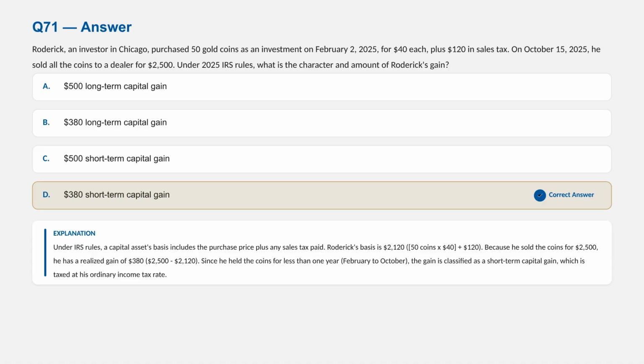Because he sold the coins for $2,500, he has a realized gain of $380: $2,500 minus $2,120. Since he held the coins for less than 1 year, February to October, the gain is classified as a short-term capital gain, which is taxed at his ordinary income tax rate. Great, now let's move to our next question.